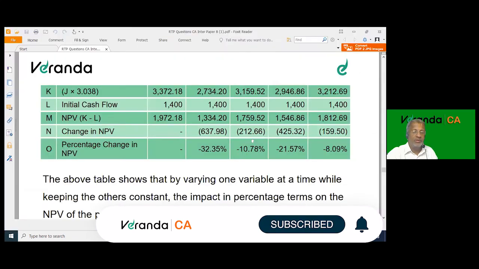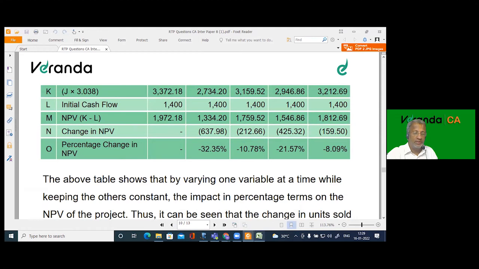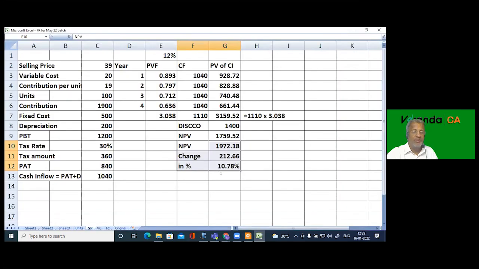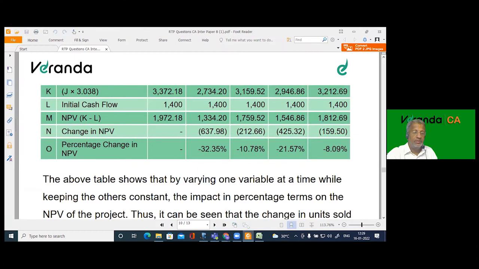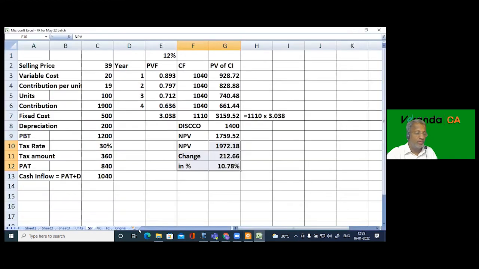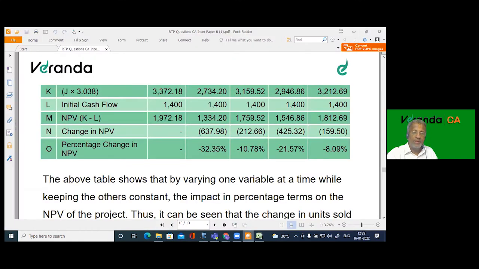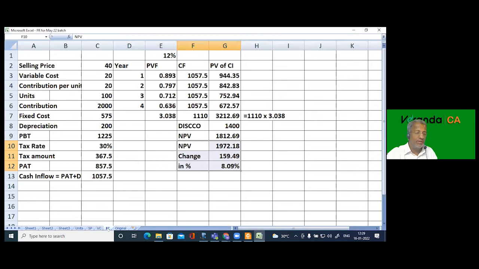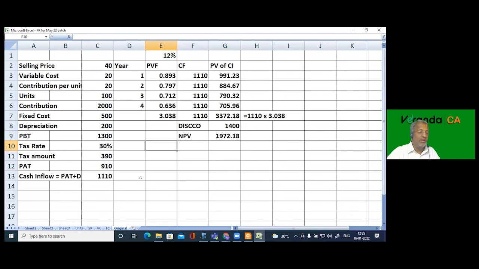Next one, 10.78. 21.57. 8.09. So, selling price, sorry, number of units. Units happen to be the most sensitive factor amongst the 4.